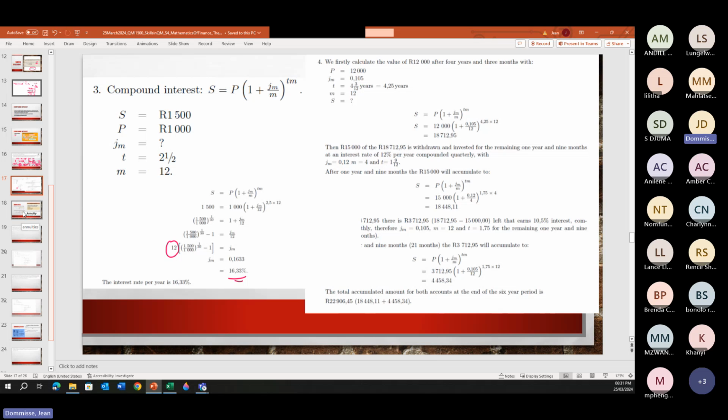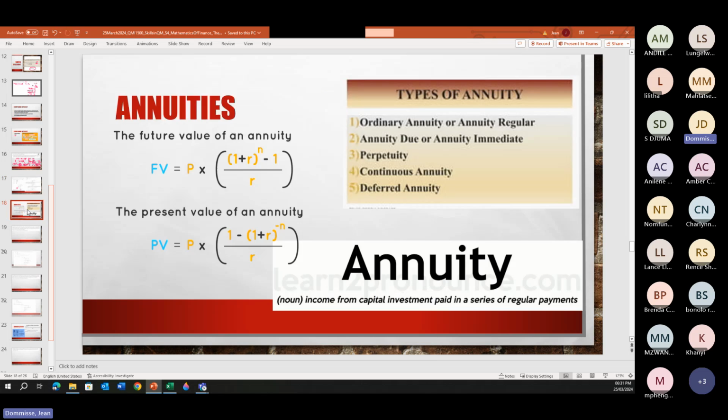Okay, the next one that is very similar to your future value and your present value is annuities.